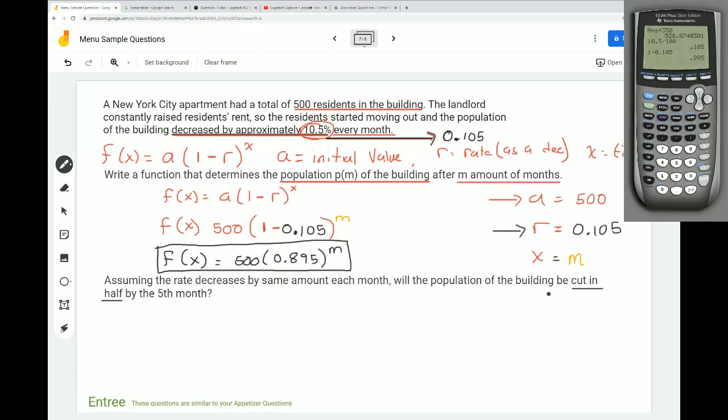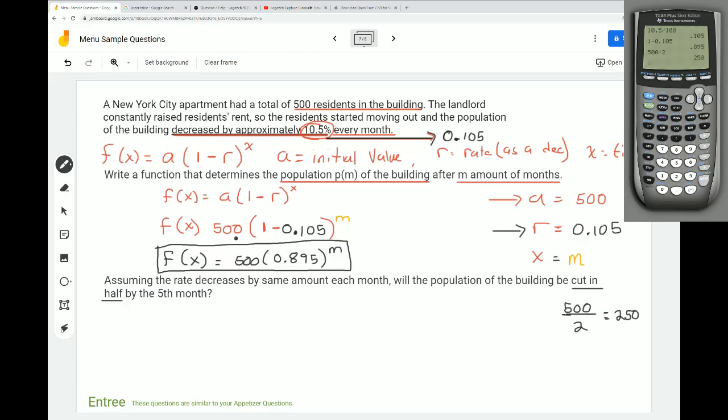So if the population currently is 500 people, if we cut that in half, we're dividing this by 2. We do 500 divided by 2. And if you do 500 divided by 2, we're trying to see if the population will be 250 after 5 months. So let's take a look.